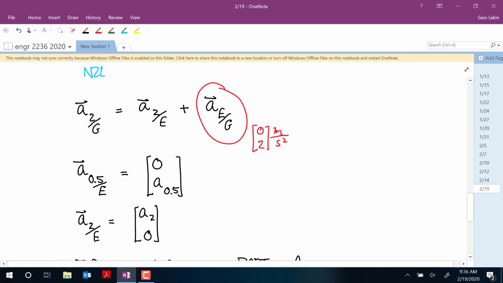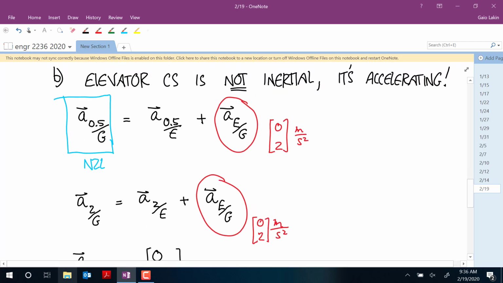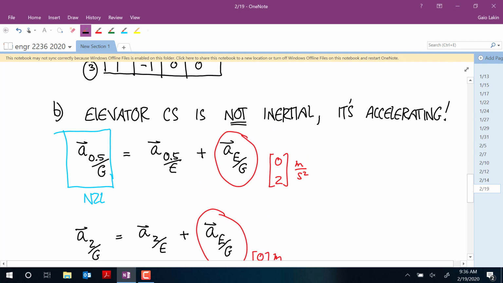So we had to express the acceleration of this 0.5 kilogram mass in the ground coordinate system by adding up these two parts. We added these two up. The observed acceleration in the elevator is 0.5 relative to elevator. And then we had to add that to the acceleration of the elevator relative to the ground.